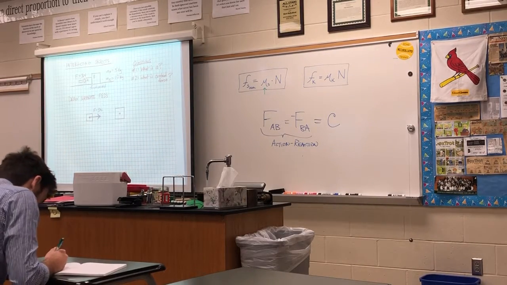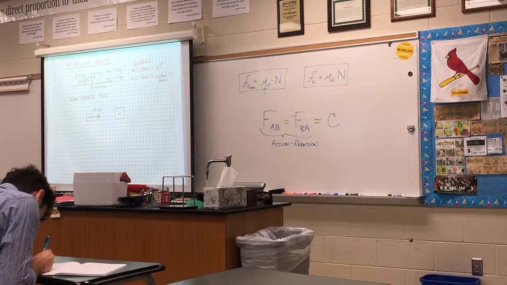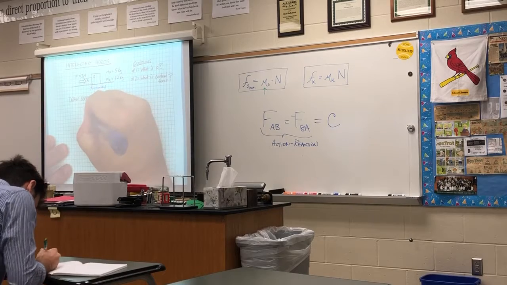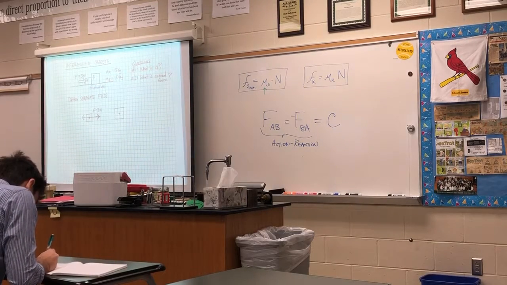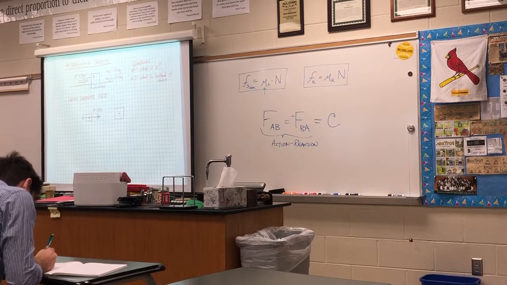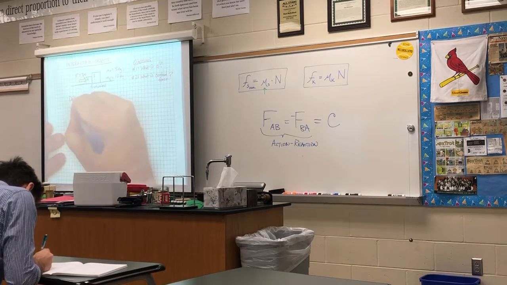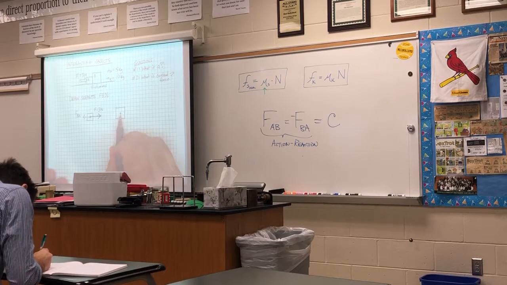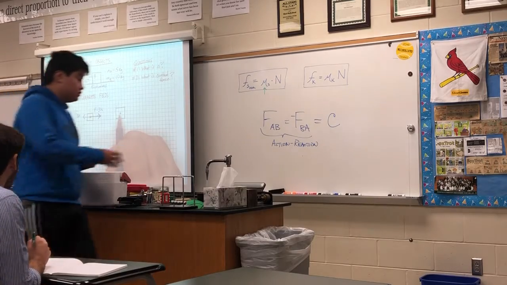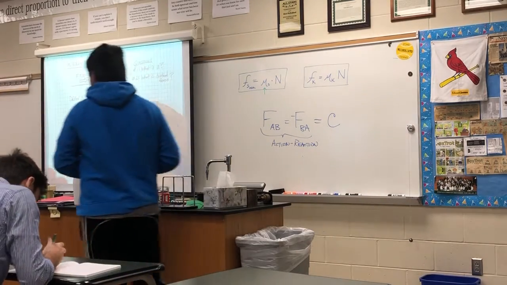Is that the only force acting on this? No. What else acts on it? B on A. So how big do I make it? No, if it were the same, then that force would be 0. So this is the force of B on A. Everybody agree? What about this block? What forces act on it? A on B. Yes, how big do I make it?